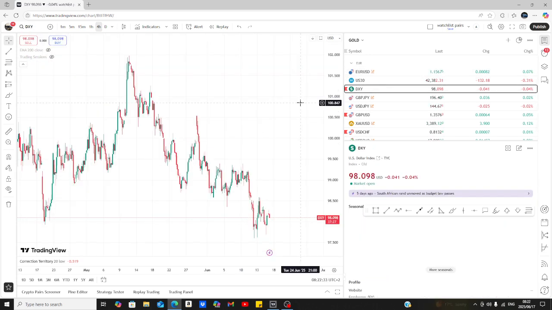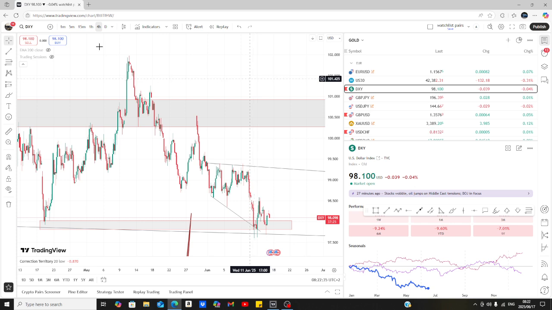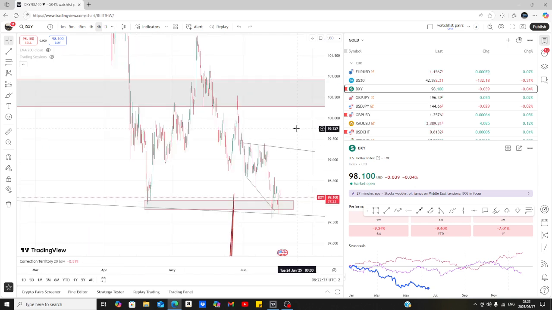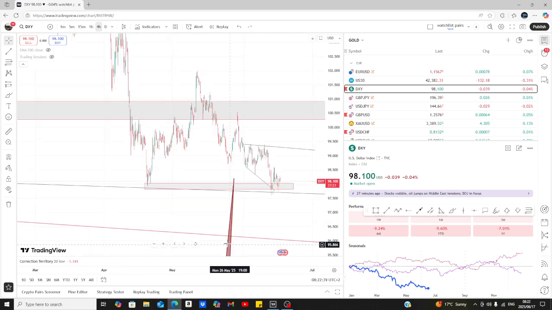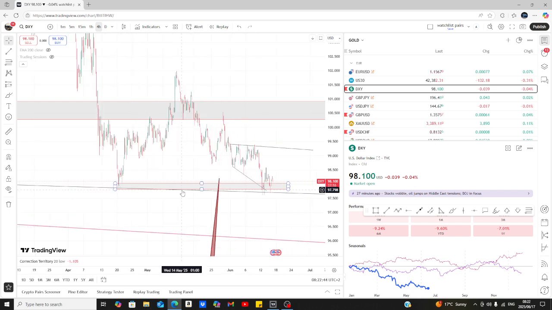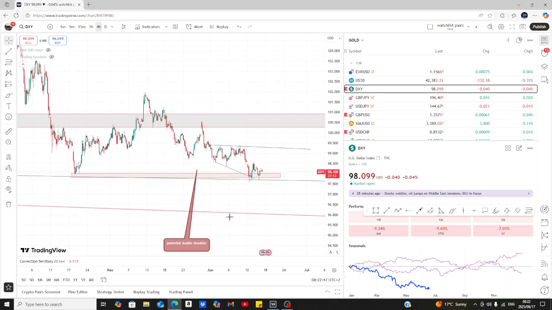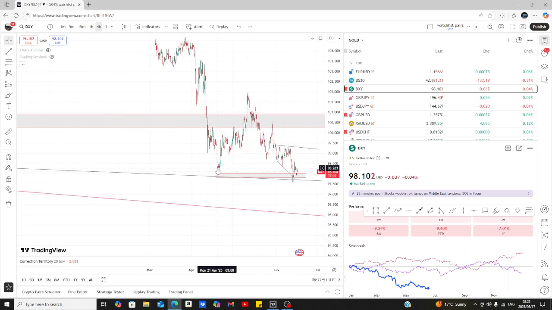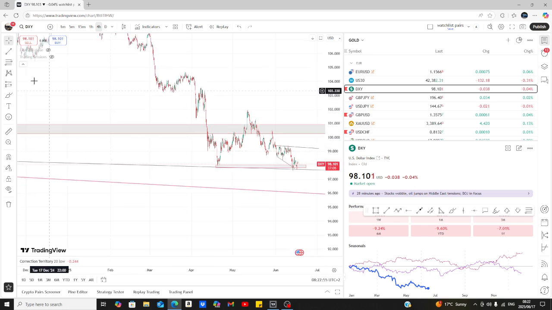So to kick things off, let's start with the dollar. While I was away, a lot of things happened, and it's interesting to see exactly what happened. It's probably going to take some time for me to go through 2 weeks of movements, so let's just kick things off with what's happening currently.